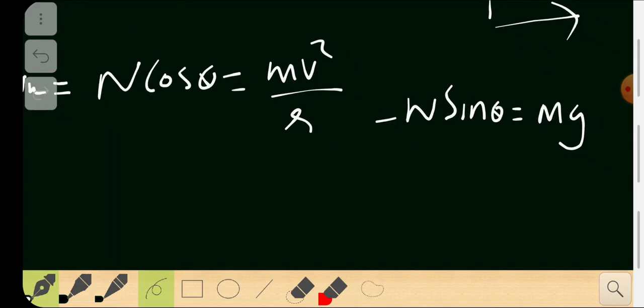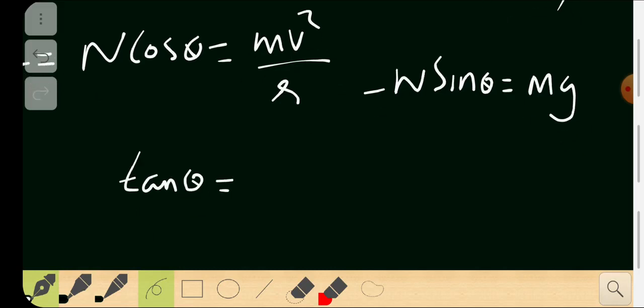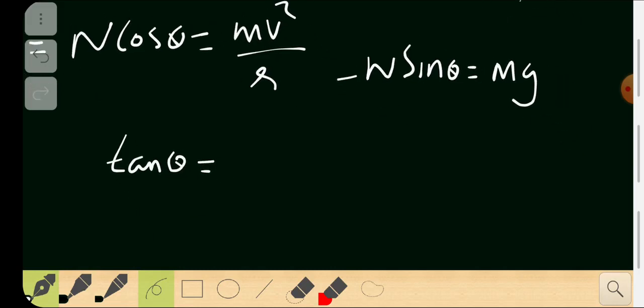Now you can divide these both equations, and n by n cancels, so you get sine by cos, that is tan theta must be equal to, right, m and m will cancel, so you get gr by v square, the rest will cancel.